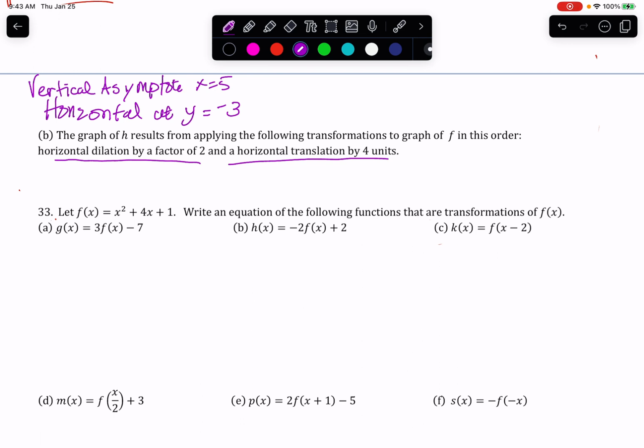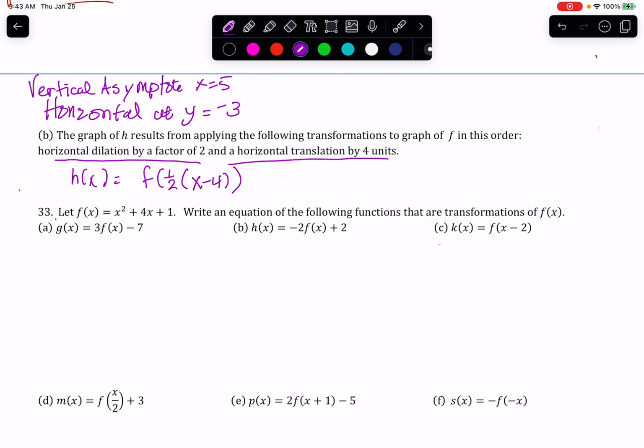Okay, so h of x would be f of, a horizontal dilation by a factor of 2 would be 1/2, and then a horizontal translation and a dilation means you have to use parentheses here to have it right, x minus 4.